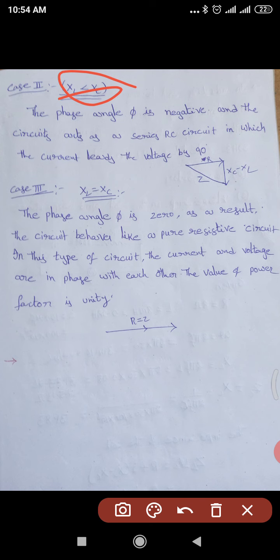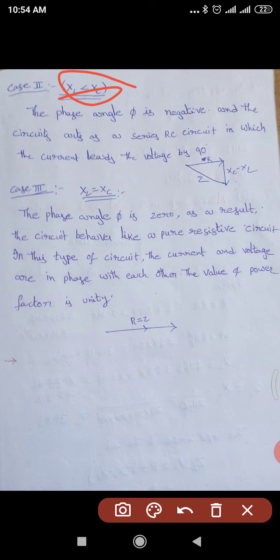Our entire RLC circuit acts like an RC circuit. Why? Because the inductive reactance is less compared to the capacitive reactance. That means XC is greater than XL. So the entire RLC circuit acts like a capacitive circuit.